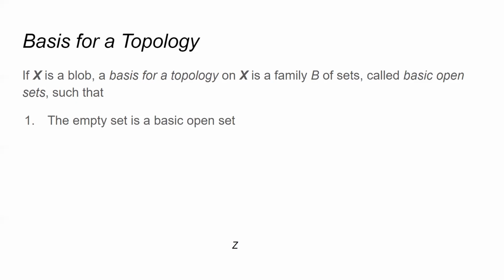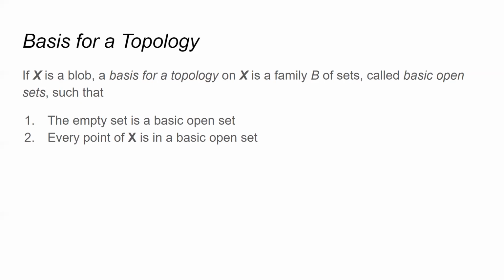The empty set should always be a basic open set, and it should always be an open set, which is why. 2, well, we need to know what to do with every point of X. So every point of X should be in some basic open set. If we don't say what open sets a point is contained in, then we don't know what to do with it, essentially.